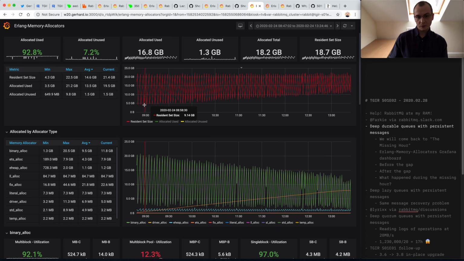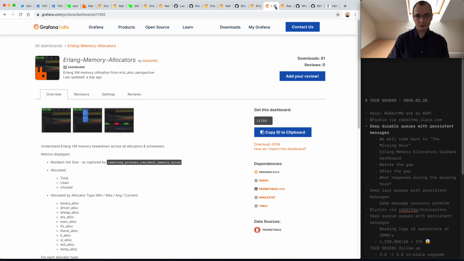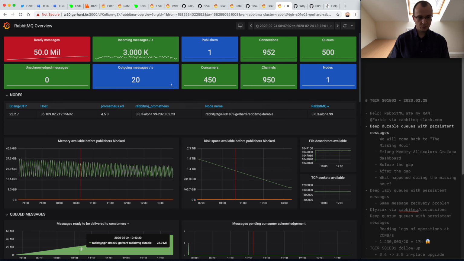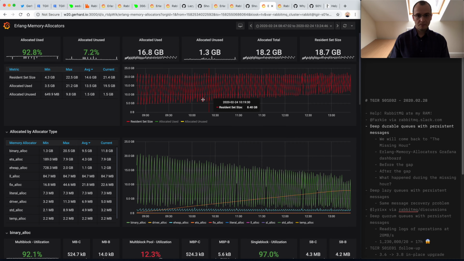But when we started, just when the messages only start getting published, remember this was early on, when we didn't have as many messages in the system, we were releasing more memory. So the Erlang VM was basically releasing more memory back to the operating system.